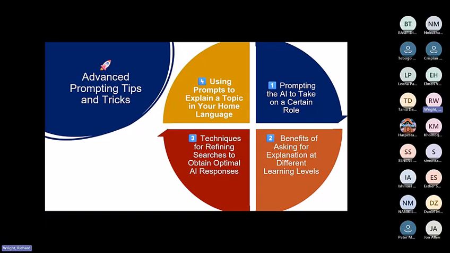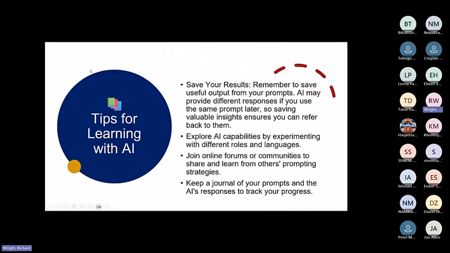And the benefits of asking it at different learning levels: it's a very powerful tool to use. It can really help your understanding, but also the understanding of your classroom. So always play around with what is available, refine your prompting techniques, and see how you can build up this skill.